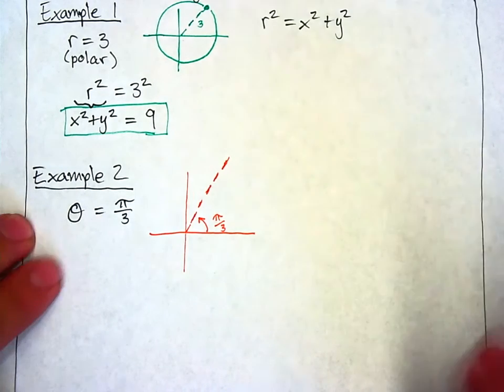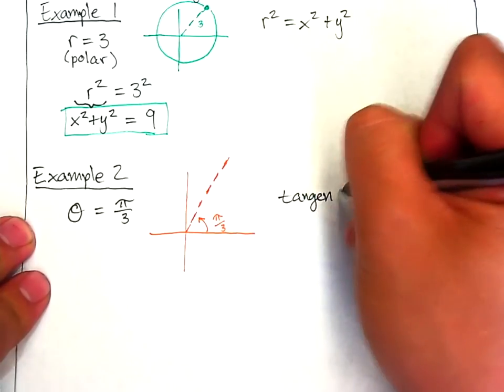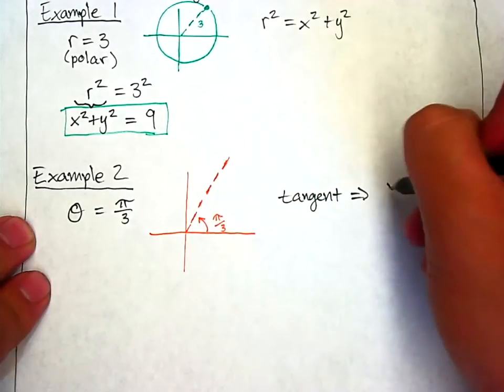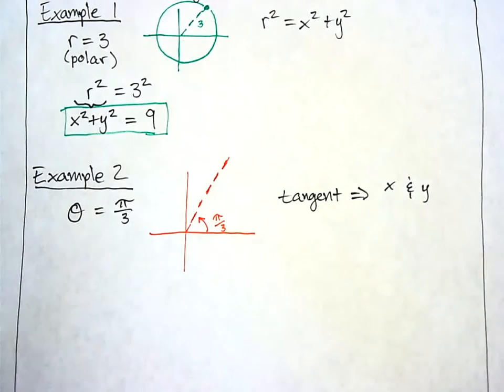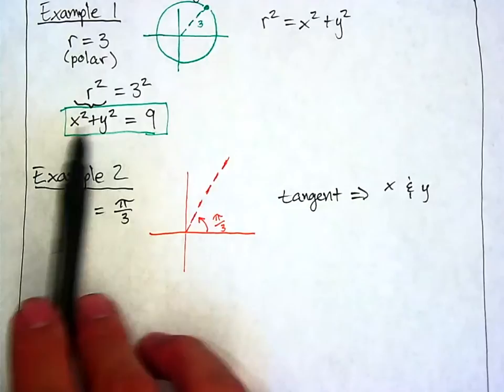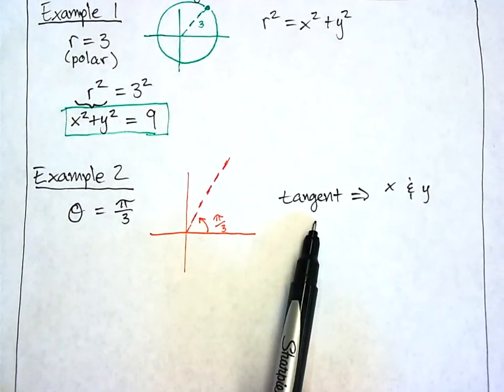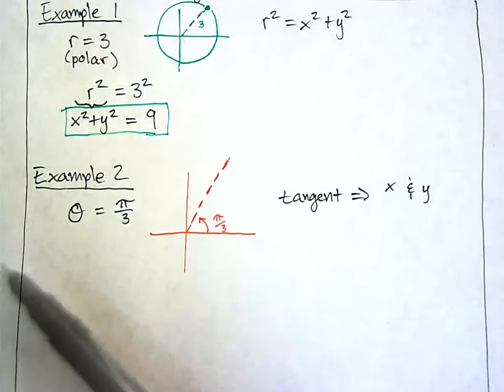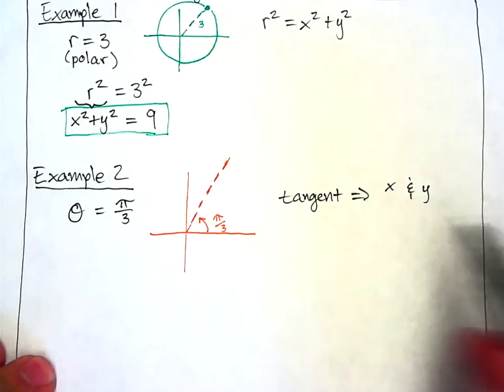What I need to think of is tangent. The reason I'm thinking tangent is because tangent brings in the x and y, which I'm going to need for my rectangular form. Okay? So over here we got x and y thanks to the r. Here I'm going to have to use tangent since theta needs to be connected to some trig ratio. We'll use tangent in order to bring us x and y.